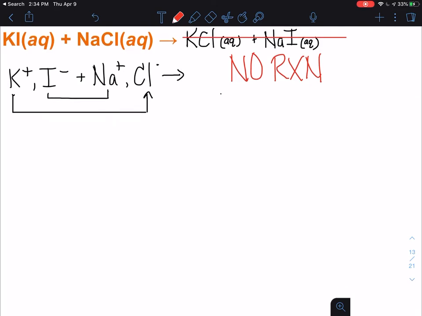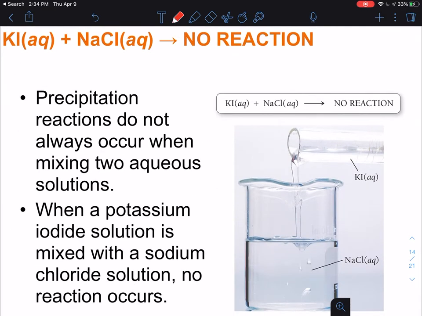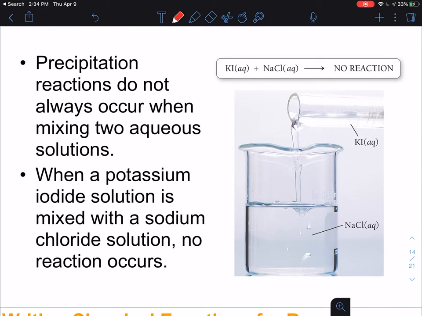And why is it a no reaction? Well, here's why. If we were to take aqueous potassium iodide and pour it into aqueous sodium chloride, everything still stays in solution. Everything is still dissociated. Nothing crashes out.